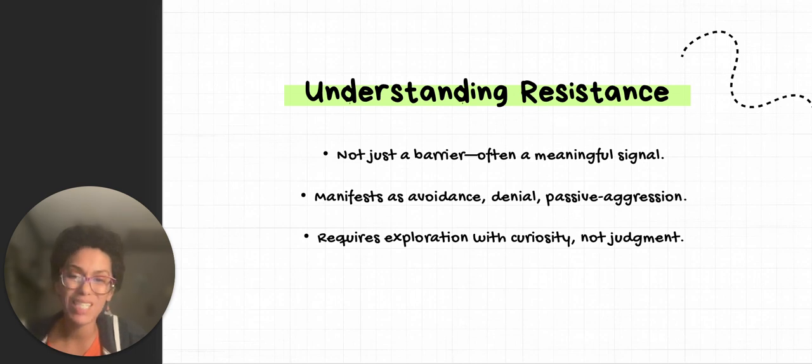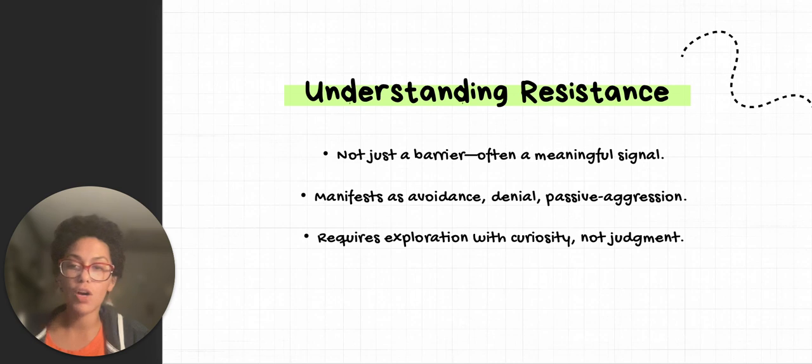However, this view of resistance can be limiting and oversimplified. So rather than seeing resistance as an obstacle, it can be more helpful to consider it as a signal or an indicator of deeper emotional or psychological issues that need to be explored.